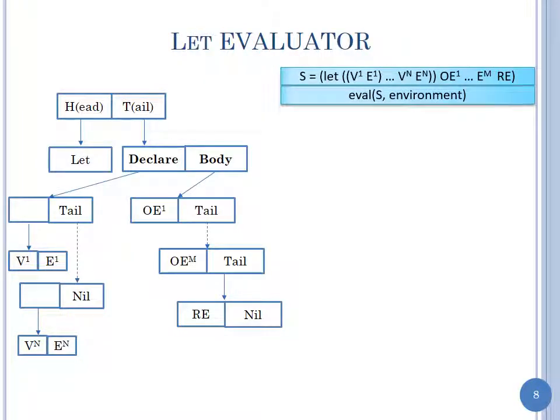So let evaluator, now that I've given you all this background on how it changes, let's go and see whether we can figure any or all steps on our own. So we are given this structure. It begins with a let, and then we have the declared part as a list, and then the body as a lambda. So tell me what all steps we have to do at this point given the structure.